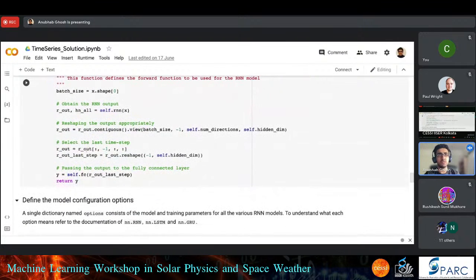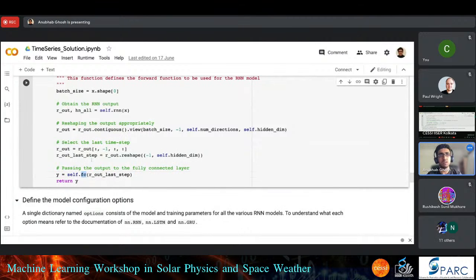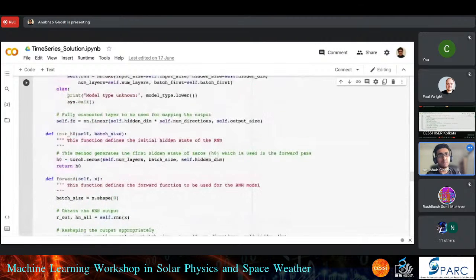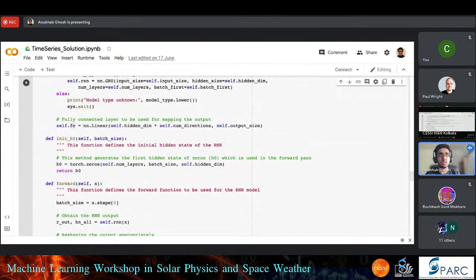And then what we do is that once we get the output from the RNN, just like in the echo state network, once we get the output from the recursion, we use an output layer, right? But here in the RNN, not only does the recursion layer consist of trainable parameters, the output layer also consists of trainable parameters, and we call this output layer FC. FC stands for fully connected. And this output layer is a linear layer that basically takes the output from your RNN and maps it to the output size.